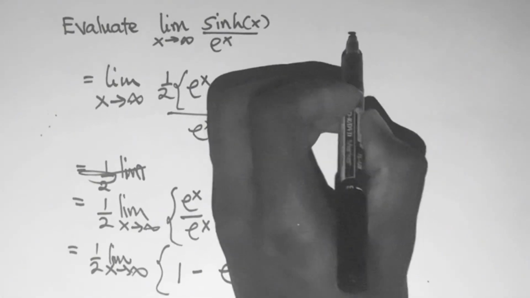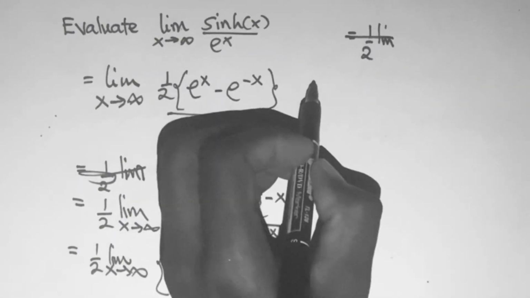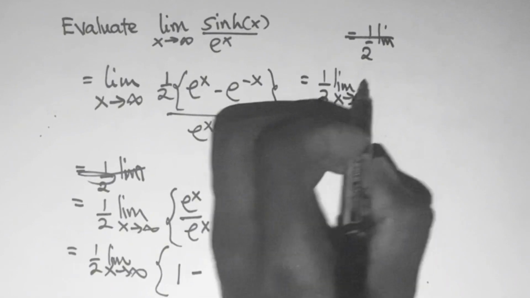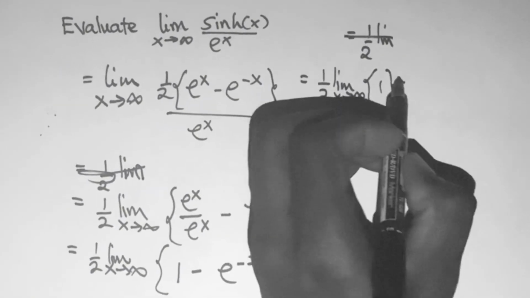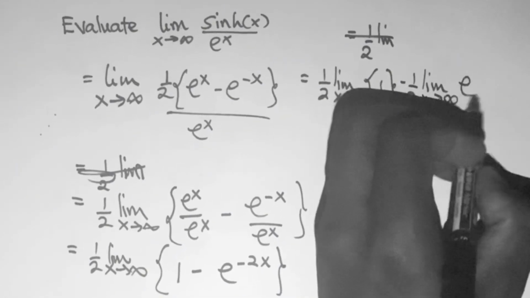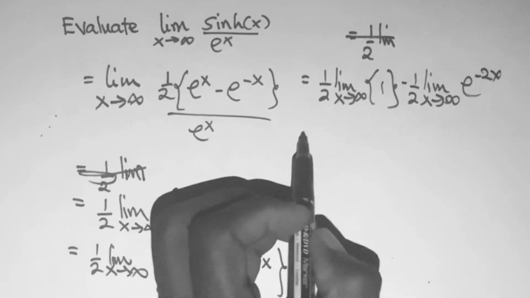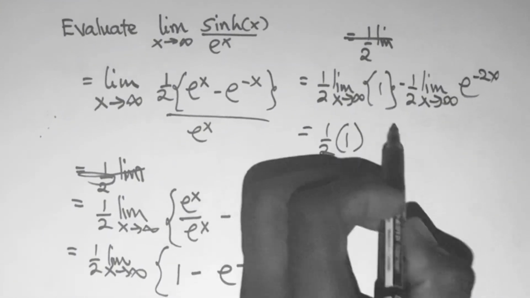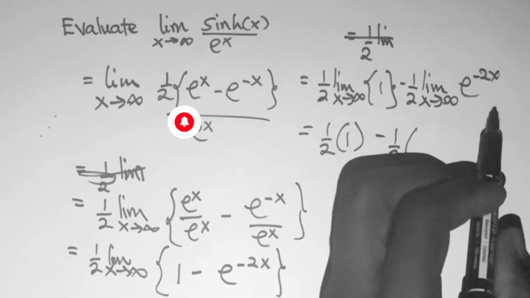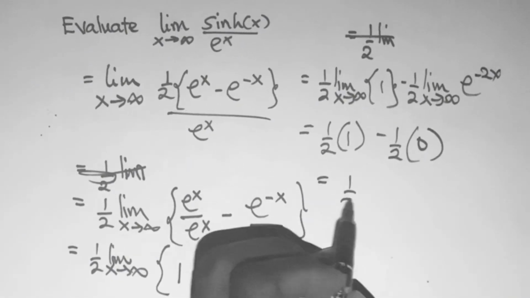So this is equal to half of the limit as x approaches infinity of 1, then minus half of the limit as x approaches infinity of e to the minus 2x. So this part becomes 1 over 2 times 1, then minus half of, as x approaches infinity, e to the minus 2x will approach 0. So here 0, and this is equal to 1 over 2.